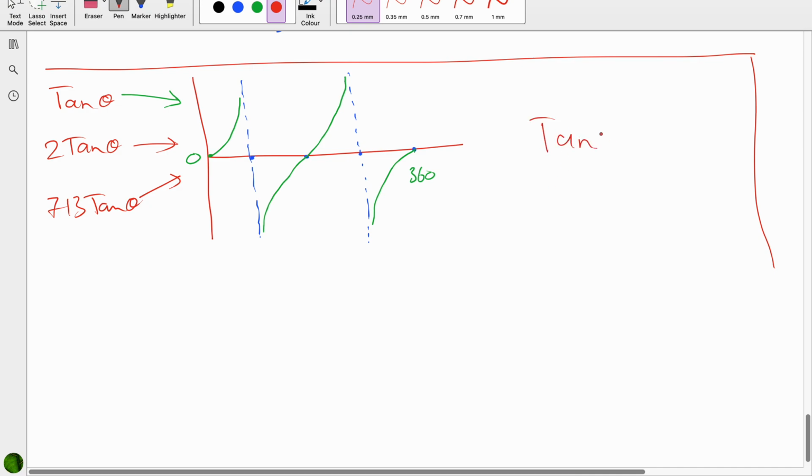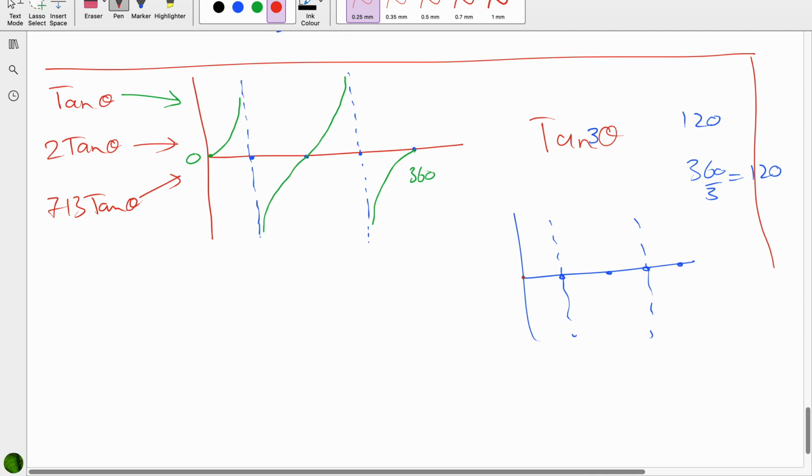And for tan theta, let's say we introduce a number 3. So this should now contain these type of curves in 120, because in 360 there are 3 times, it makes 120. So what we do is we just draw these 4 points and an asymptote at second and third.